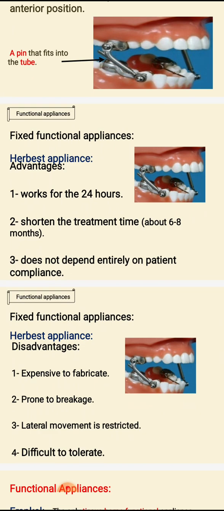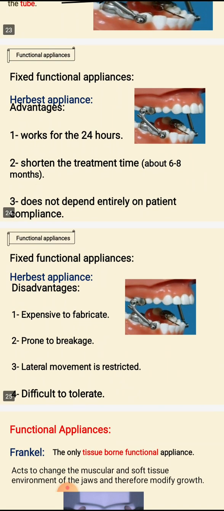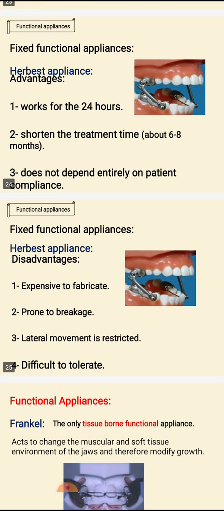However, fixed functional appliances also bear their disadvantages. They are expensive. They are liable to fracture or breakage. Lateral movement is restricted with this type of appliance. And because of this restricted movement, it's difficult for patients to tolerate.